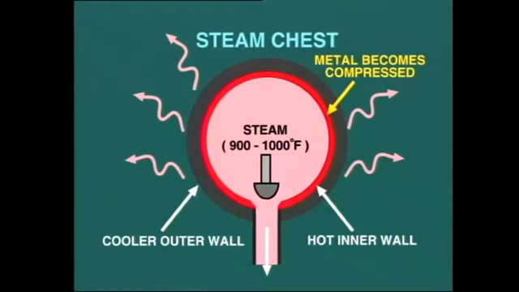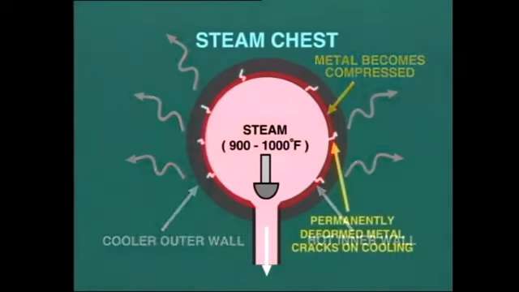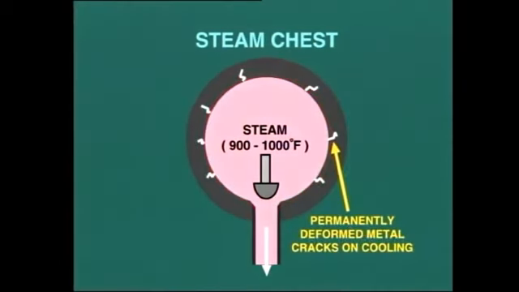The consequence of this is that when the steam chest cools down with the turbine offload, the metal does not return to its original state and cracks appear on this inner surface. So it is extremely important when heating steam pipework, the steam chest, and the turbine itself, to make sure that we do not try to add heat too quickly.